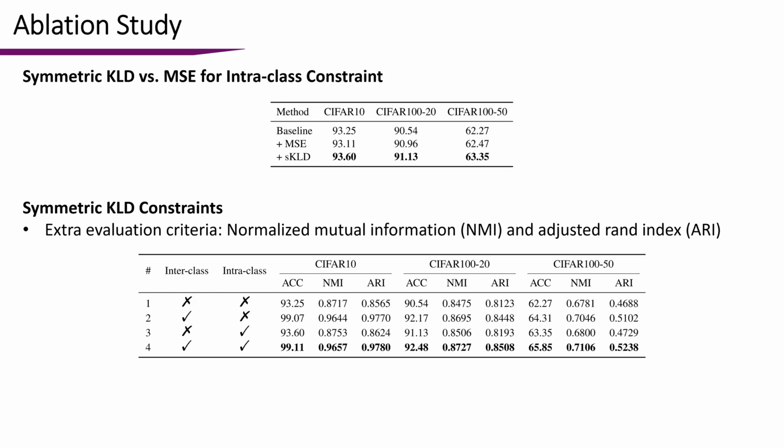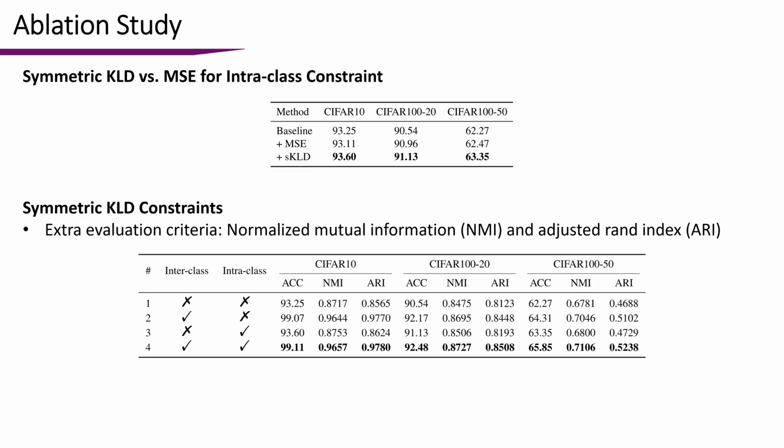In the ablation study, we first compare the proposed intra-class SKLD with MSE. From the results, we found that the intra-class SKLD has a slacker regularization than the MSE-based one, and will bring a greater positive impact on the more difficult datasets or their splits. Then, we evaluate the effectiveness of the proposed inter-class and intra-class components.